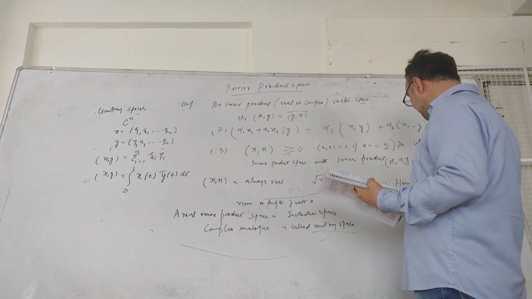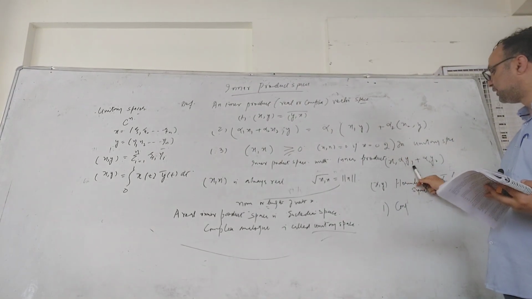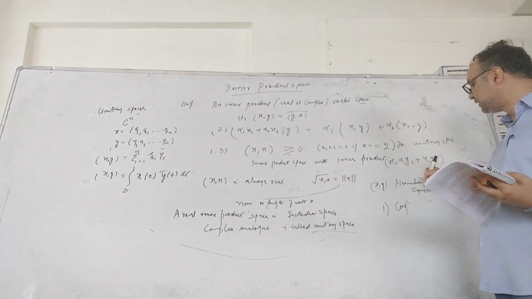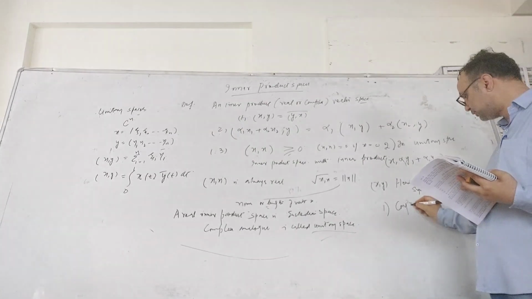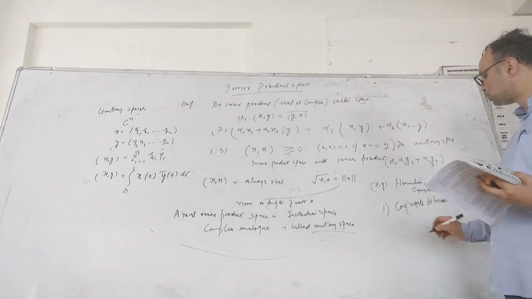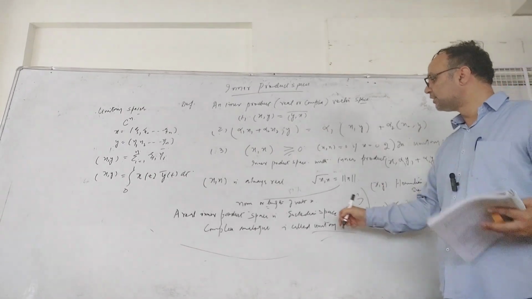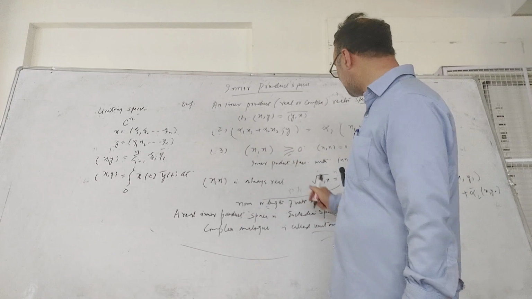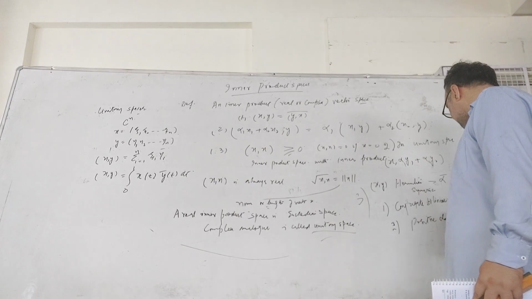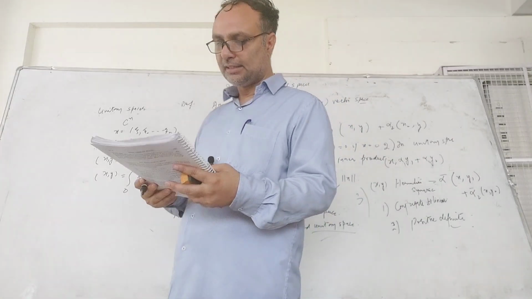If you remember the properties of bilinearity, how we define bilinear functions, that's why we say it's bilinear, but conjugate bilinear. And since this is property 3, the norm is always greater than or equal to 0. It's always positive definite in that sense.